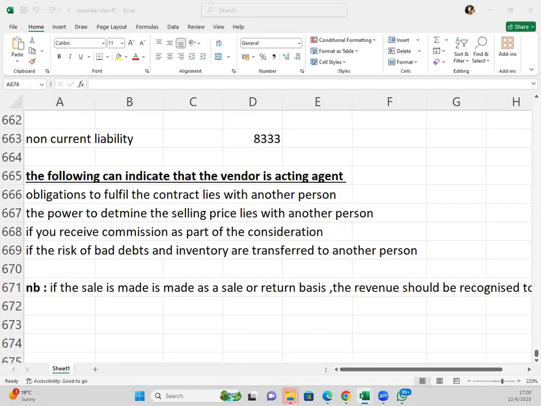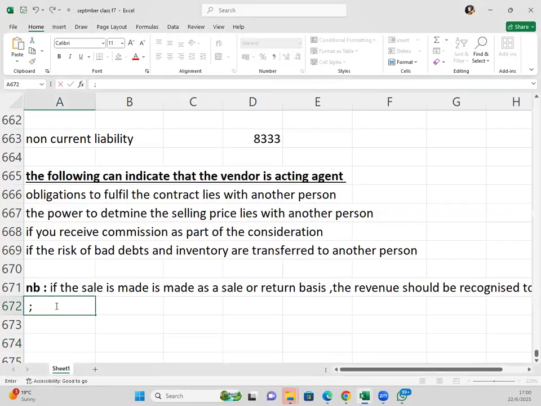So if the standalone price is not observable or is not currently available, the firm can estimate. So these are some of the questions that can come as theory questions.